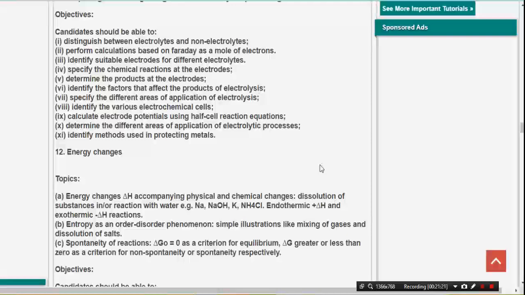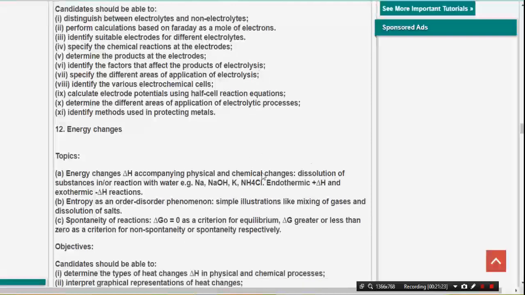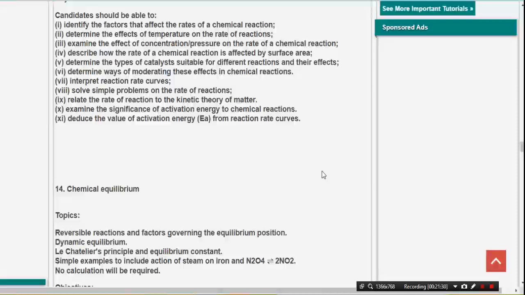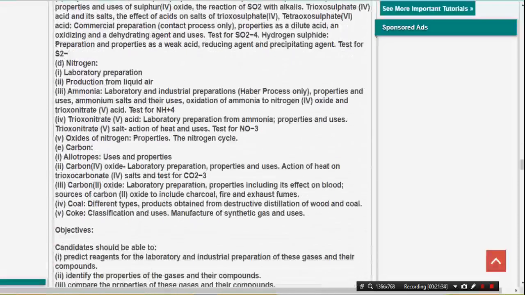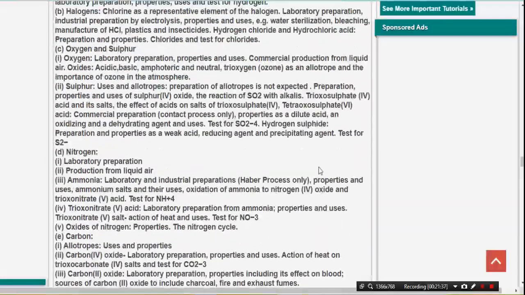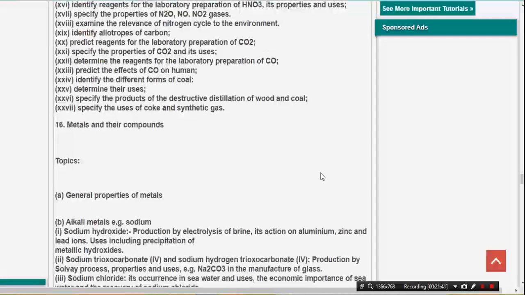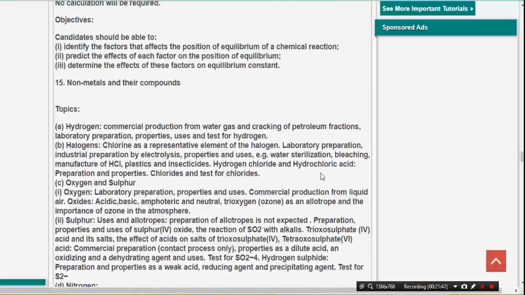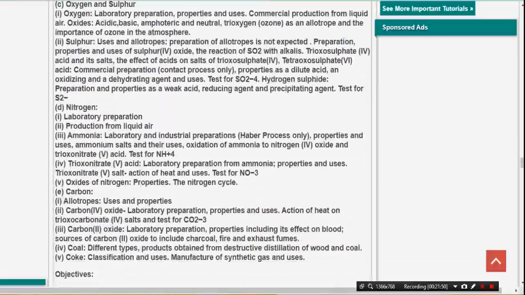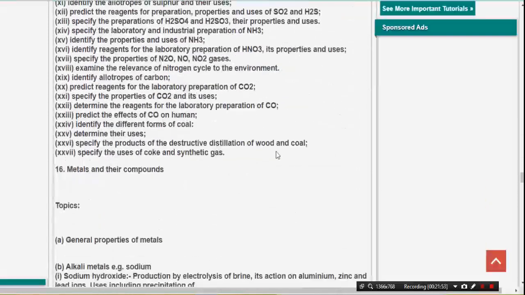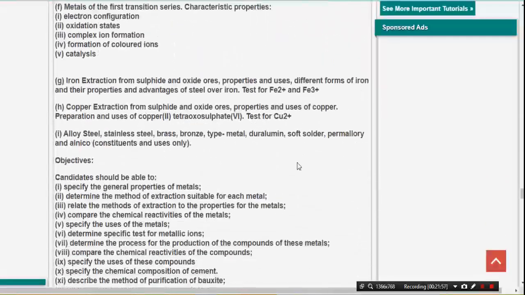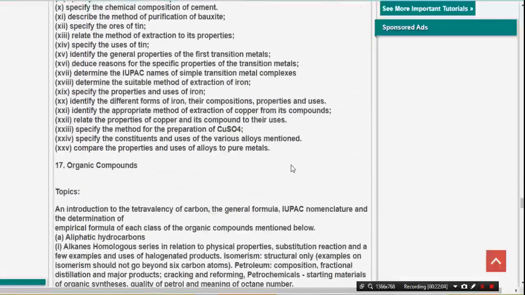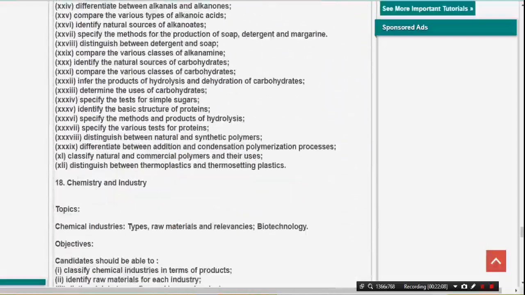Number 12 is energy changes. 13, rate of chemical reaction. 14, chemical equilibrium. 15, non-metals and their compounds. 16, metals and their compounds. 17, organic compounds. 18, chemistry and industry.